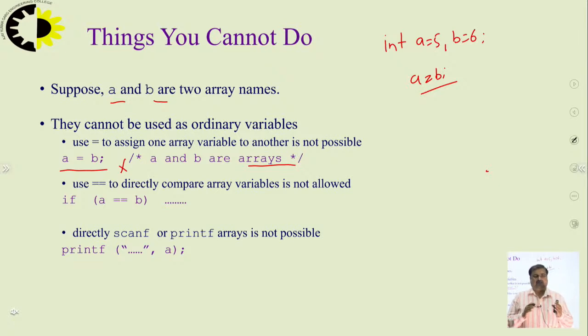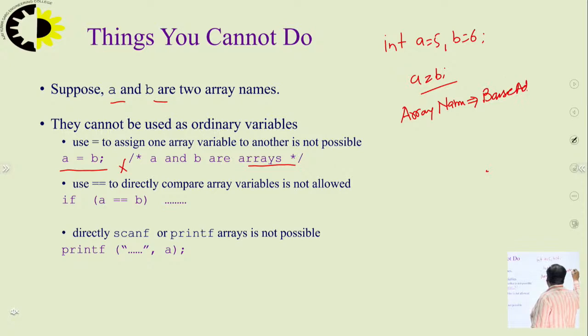I have already told you that array name refers to the base address. Array name refers to the base address, and so here what we are doing, we are comparing addresses rather than the values.